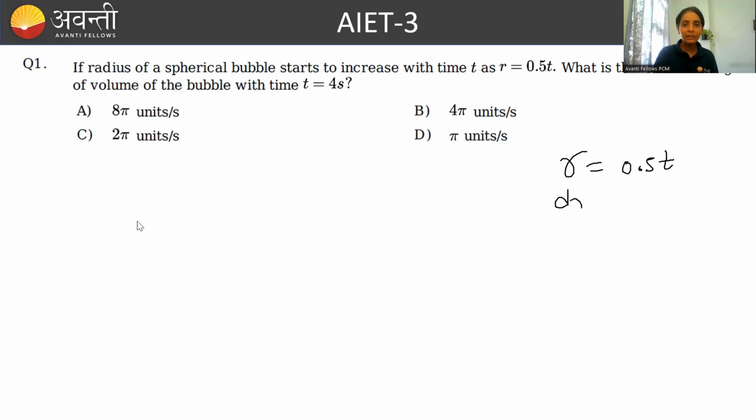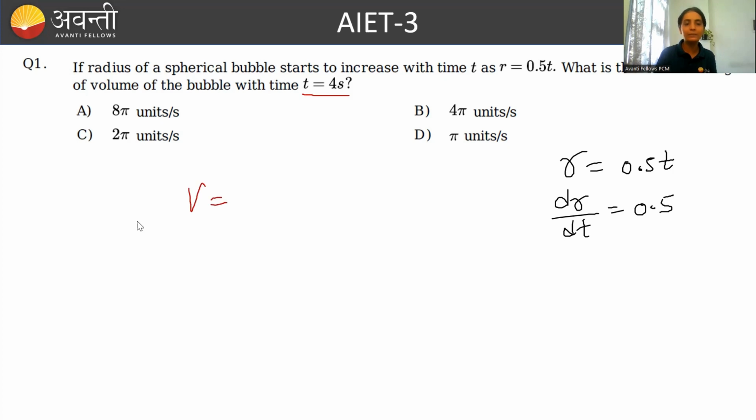Then the rate of change of radius will be written as this. Then what we have to answer is the rate of change of volume of the bubble at time t equal to 4 seconds, right? So at 4 seconds, we have to calculate what will be the rate of change of volume.